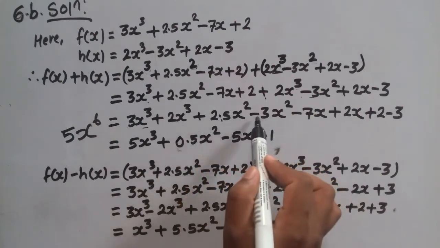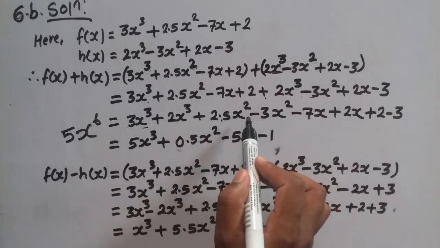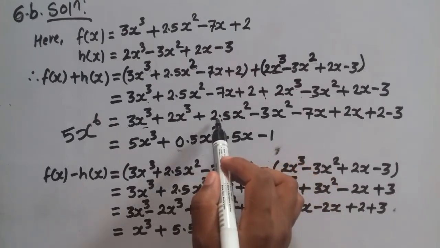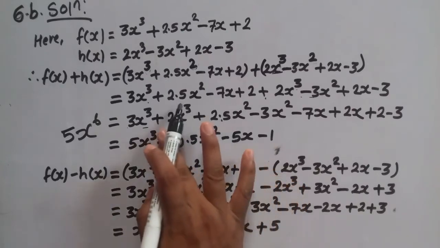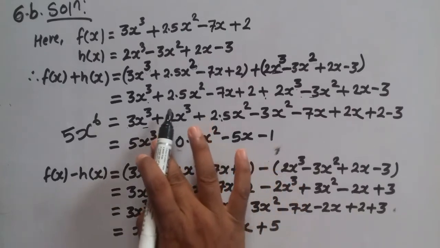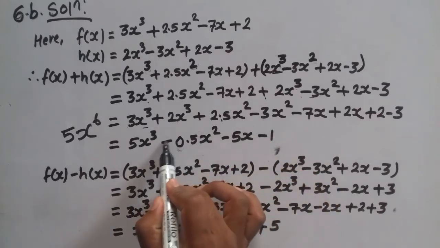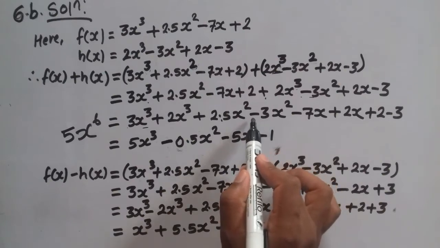Here is plus sign, here is minus sign. When there is plus and minus sign we have to always subtract. So the greater number is 3 and 3 minus 2.5 is 0.5, and we have to write the sign of the greater number here. Here 3 is greater, so we write the minus sign here.